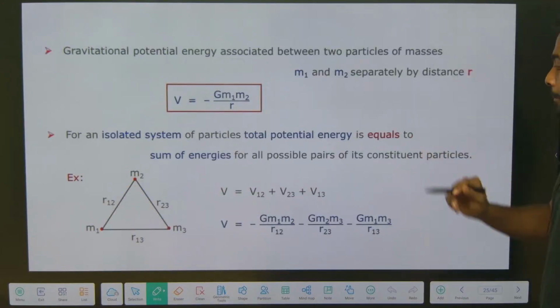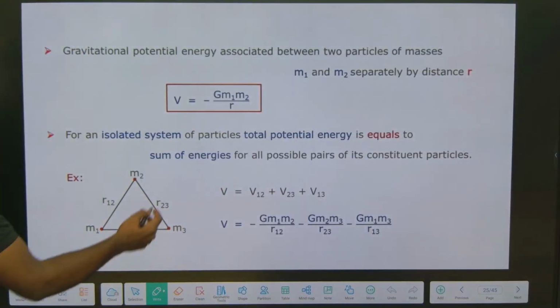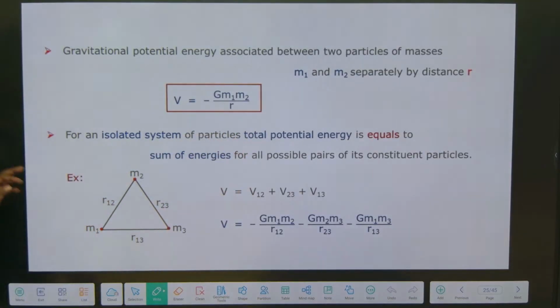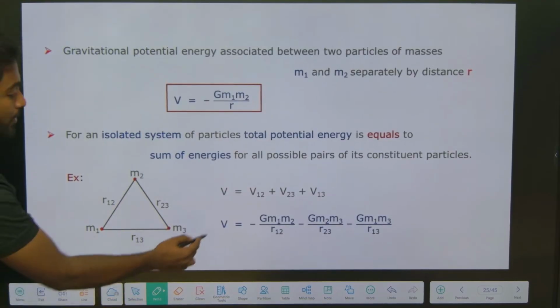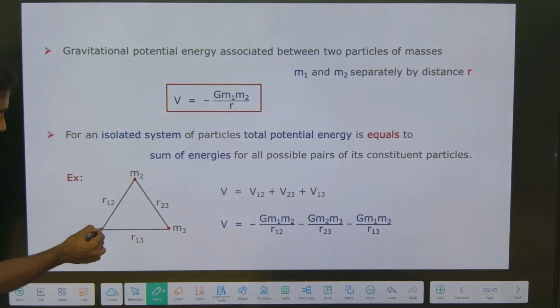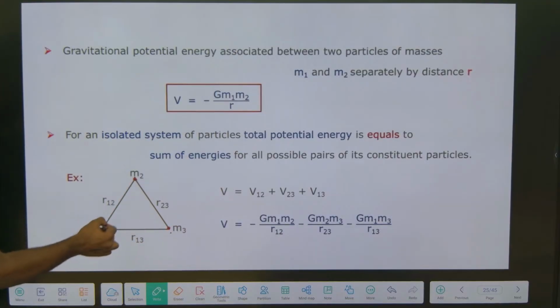So here is the example of how we need to add the potential energy. U = -G m1 m2/r. Suppose an equilateral triangle is given, and the masses are kept at the vertices of the triangle. I need to add V12 + V23 + V13. Mass 1 acts on M2 and M3, M2 acts on M1 and M3, and M3 acts on M1 and M2.